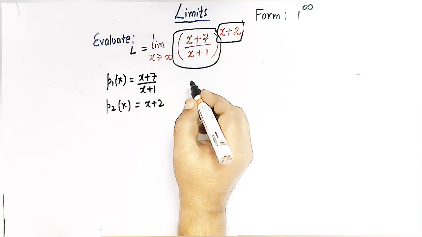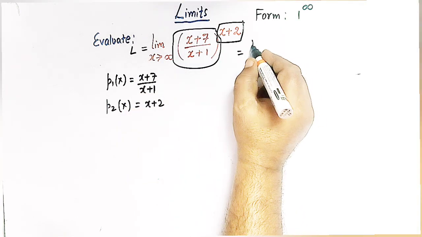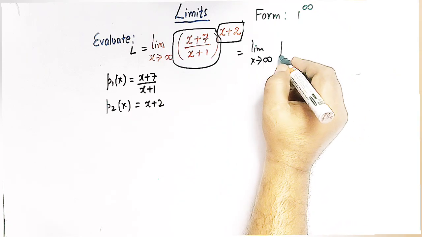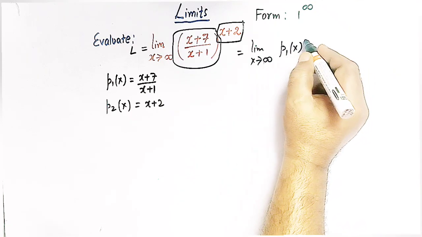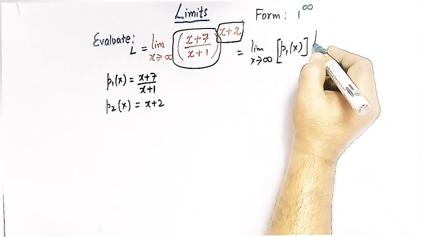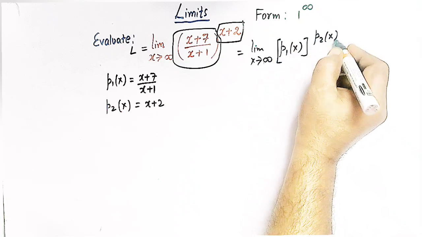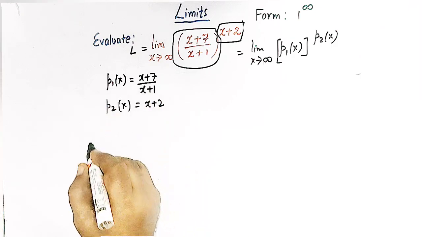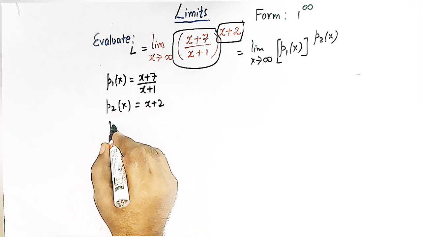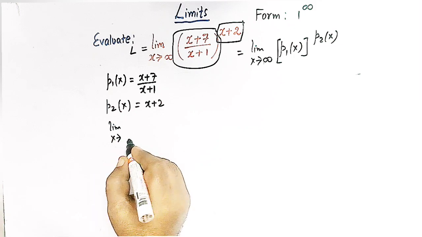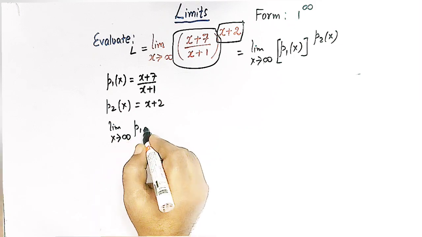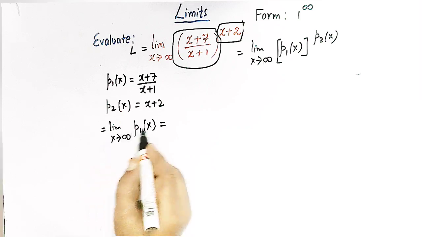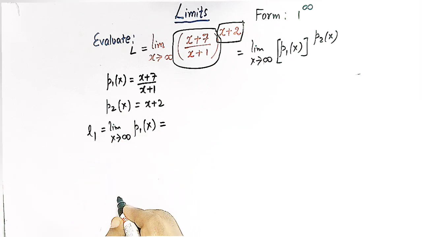Now this limit takes this form: the limit as x tends to infinity of p1(x) raised to p2(x). Let us first calculate the limit as x tends to infinity of p1(x), and call this limit L1.